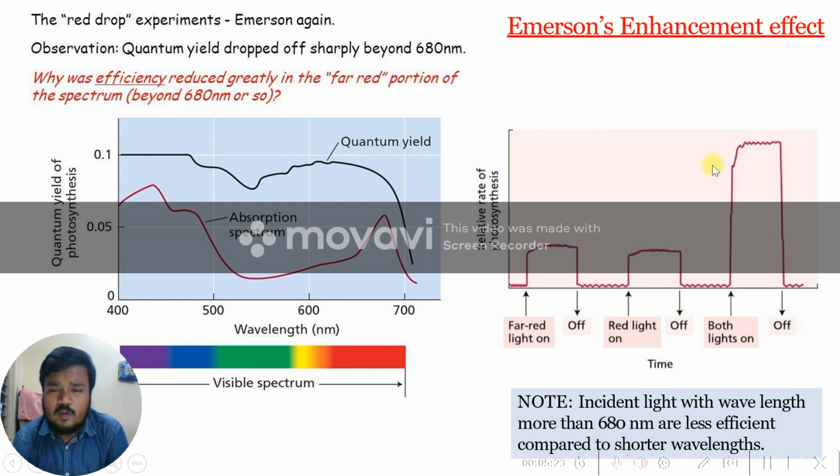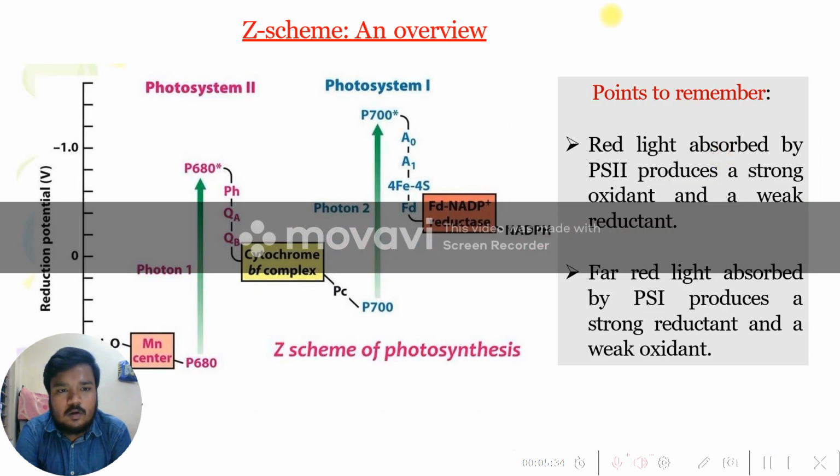So they came to the conclusion that there are two different receptors of light which actually capture the light in the plant, and they came to the conclusion of two photosystems, where one photosystem captures a particular wavelength of light and another is different from the first one.